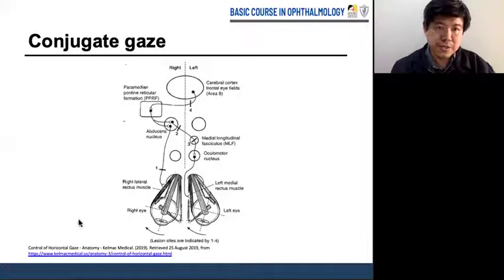This goes all the way up to cranial nerve 6, and then there's another connection that goes to the contralateral medial longitudinal fasciculus, or the MLF, which goes into the cranial nerve 3 nucleus, or the oculomotor nucleus, which then eventually goes all the way as cranial nerve 3. So the cranial nerve 6 innervates your right lateral rectus, while your cranial nerve 3 innervates your left medial rectus.